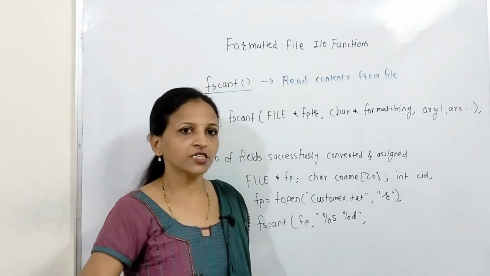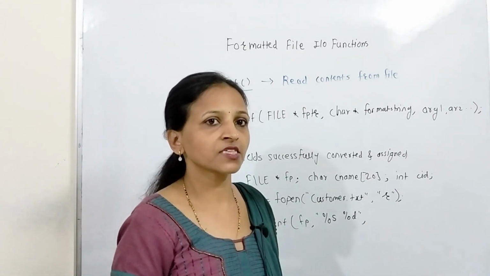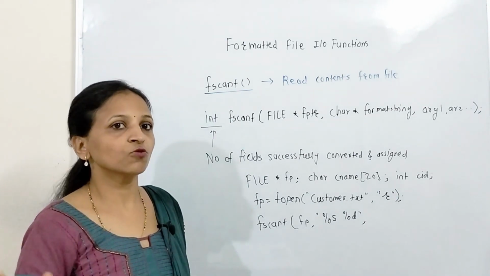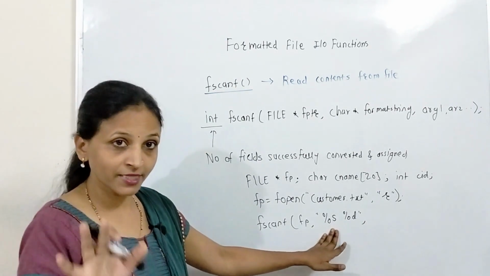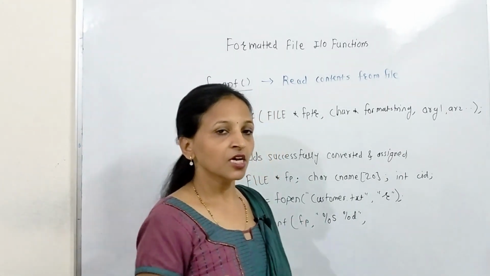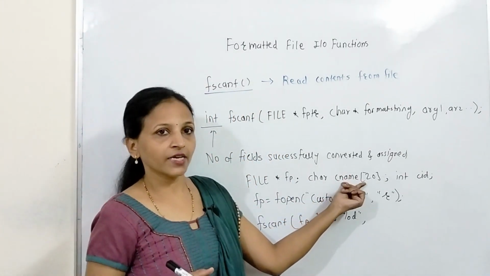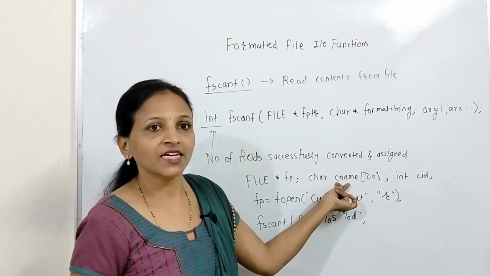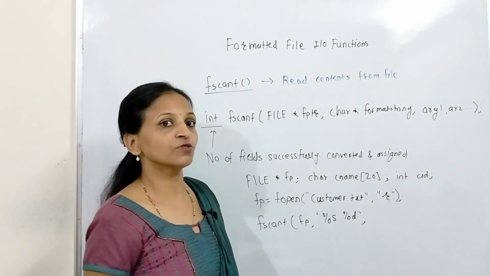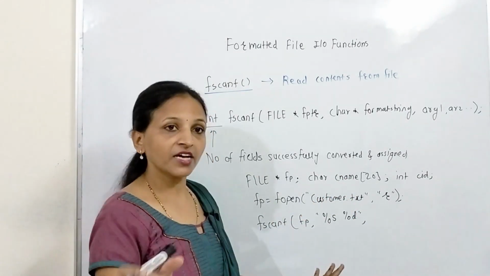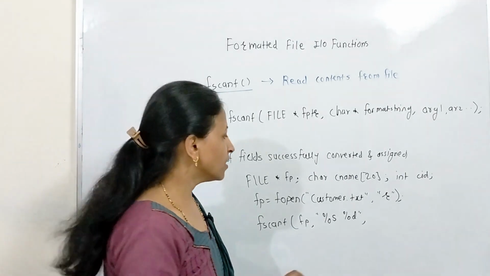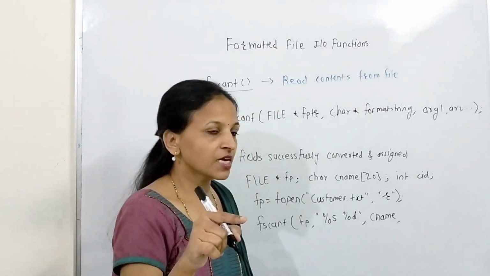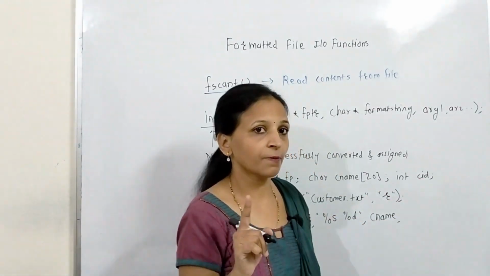That means whatever integer, character or float you want to accept from the keyboard with scanf, we use the ampersand with those variable names. But except for strings, because a string is nothing but a character array, and a character array's name itself holds its base address. That's why with cname, again, don't use the ampersand. In scanf, and again in fscanf, the same thing applies. That's why here we write only cname. We will not use the ampersand, but with this cid we have to use the ampersand.